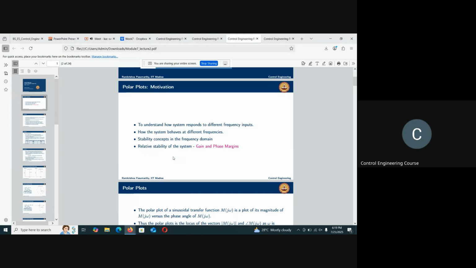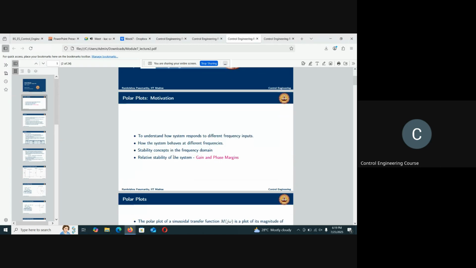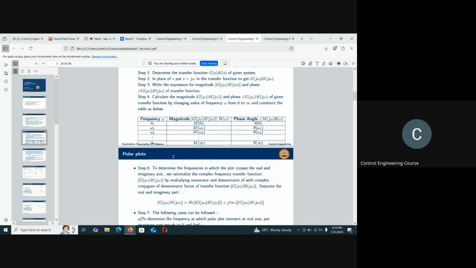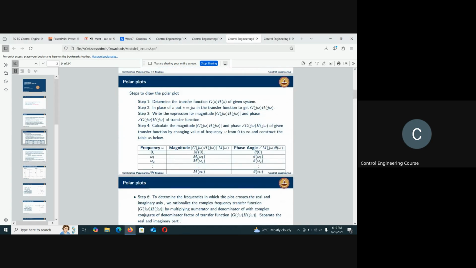Whereas in polar plot, when you put s equal to j omega, you get a complex number, right? So at various frequencies, you get a complex number. You directly plot that complex number in the complex plane, and you trace it at various frequencies and see how the trajectory evolves.